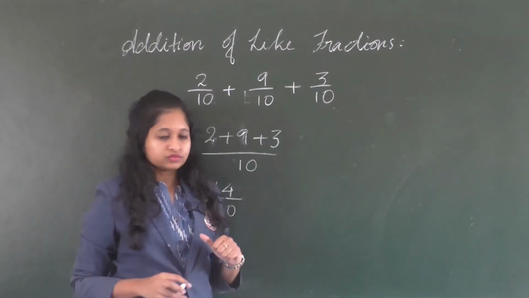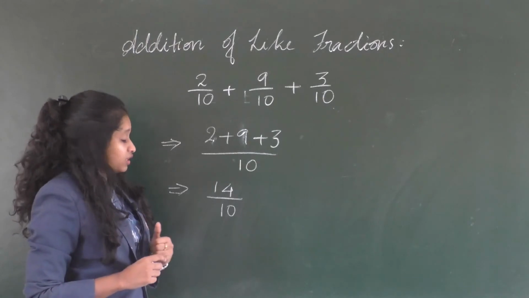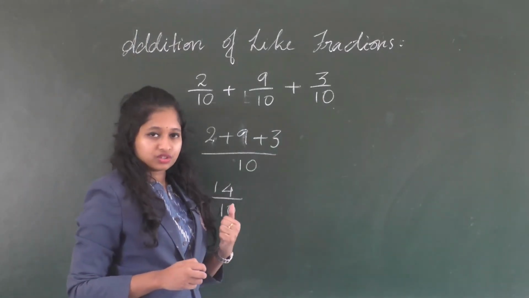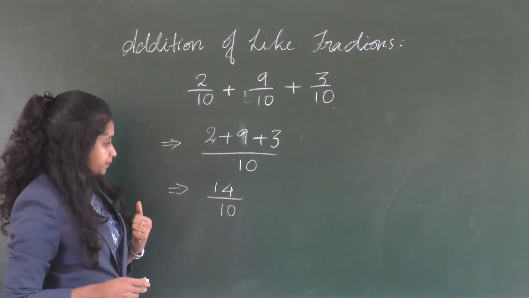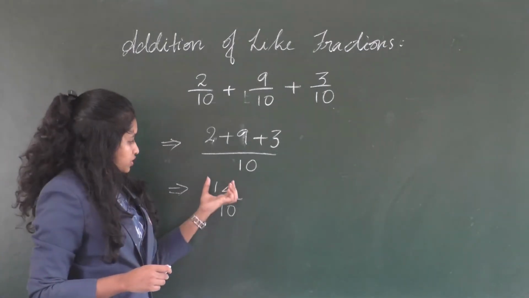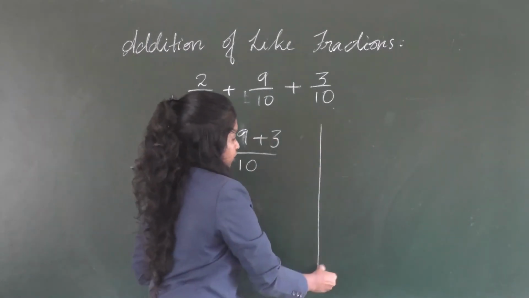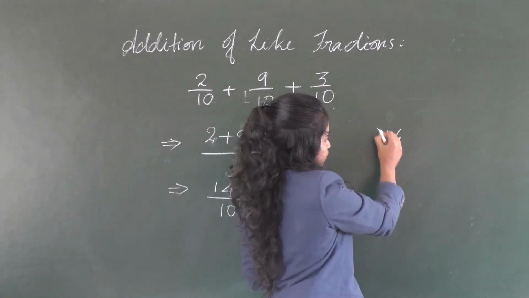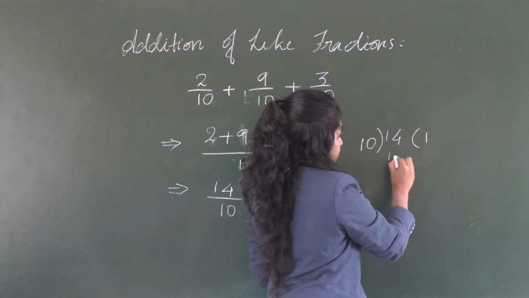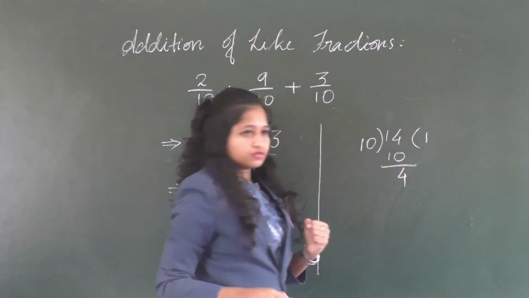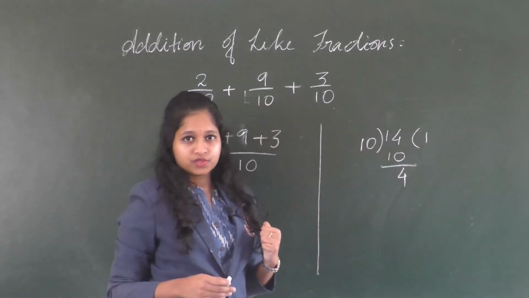Now 14 by 10 we can convert to a mixed fraction, isn't it? So when you divide 14 by 10, we get 4 as the remainder and 1 as the quotient, isn't it?